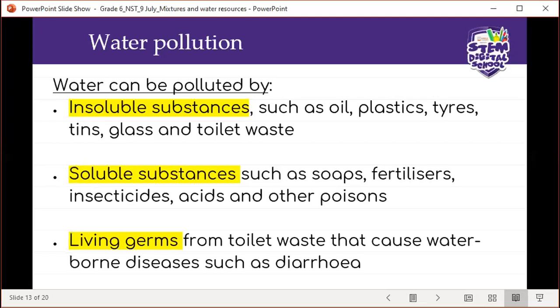Okay, and then the third thing that pollutes water is living germs. Okay, so this is germs from the toilet waste that cause waterborne diseases such as diarrhea as well as cholera. All right, so guys, very much important to note these three substances which pollute water. So the first one is our insoluble substances. The second one is the soluble substances. And thirdly, it is living germs, or you can say bacteria.